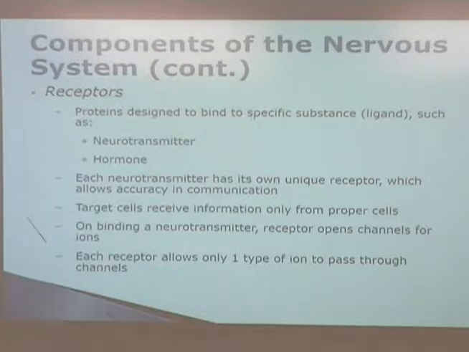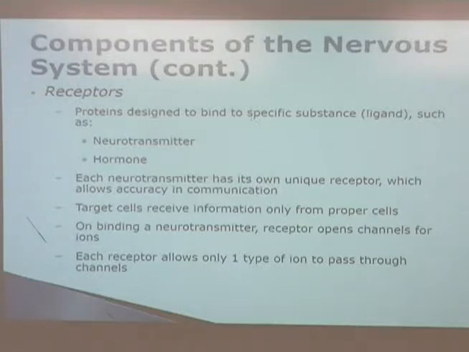So it binds to the receptor, and then the receptor opens ion channels. So if I get enough neurotransmitter, enough chemical, binding to enough receptors and opening these ion channels, I can reinitiate the electrical signal.